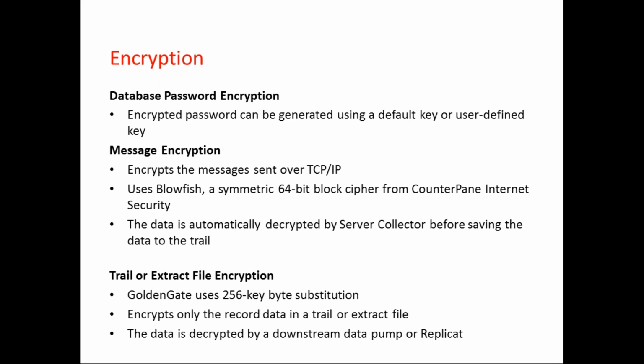Now the third one is trail file encryption. The trail file is what you have kept here. Anybody who is a GoldenGate admin can go ahead and read the trail file with the help of logdump. That is also risky, because you get to know all the changes that happen to your database.